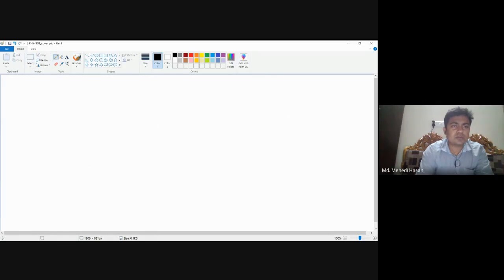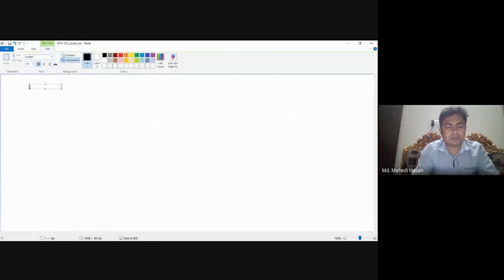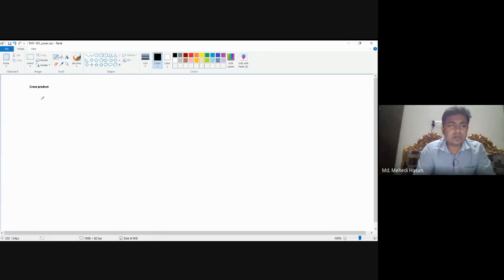So in the case of the cross product, we consider the angle to be the same. The angle between two vectors is theta, this is vector A, this is vector B. Now the cross product formula is A cross B equal to magnitude of vector A, magnitude of vector B, sin theta.